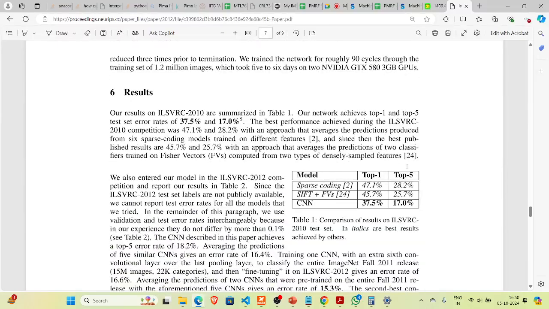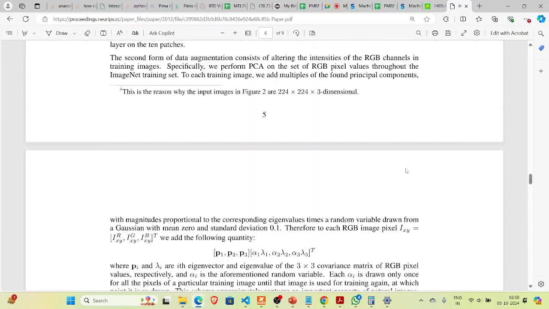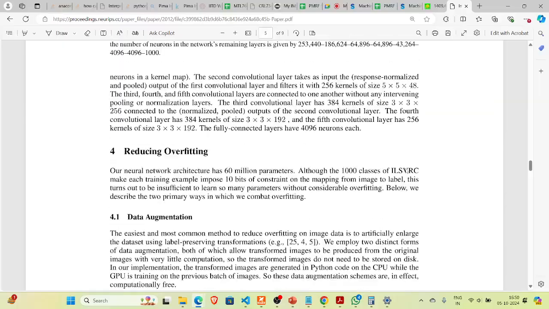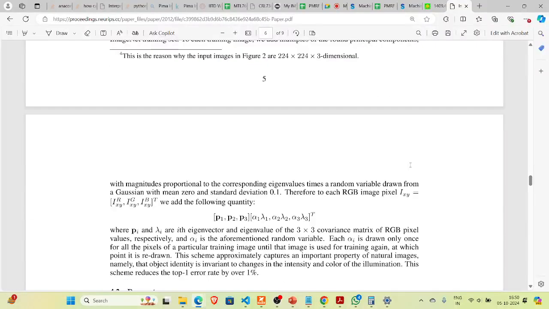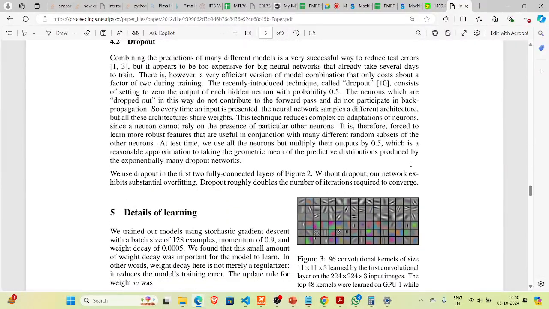They have also used dropout here. Dropout is another technique, where you drop a neuron with probability 0.5, which results in a network that is more robust.